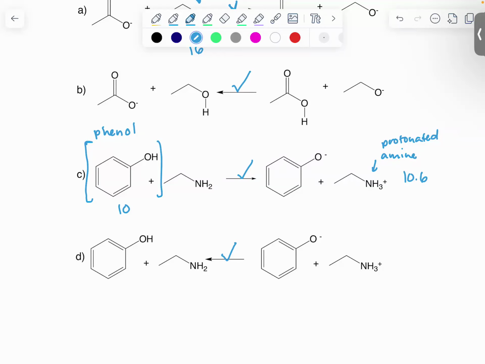It's B, C, and D. Because it's thermodynamically favorable in either way, you don't have to draw it together. It just means that both work. So you could draw it with a double arrow to save space, but that's not what he was testing you on. Other questions on this one?